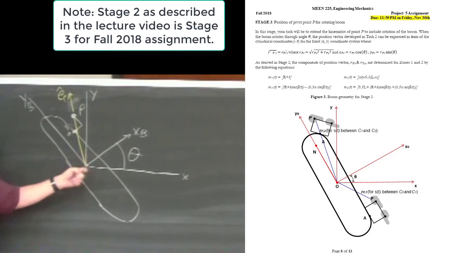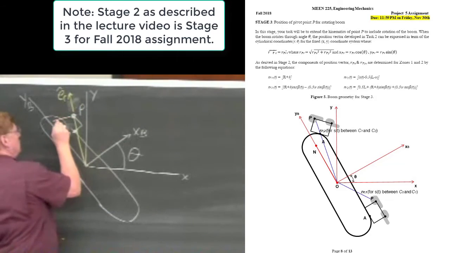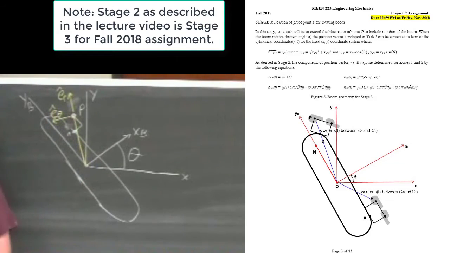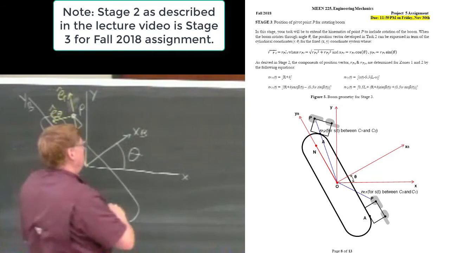The radial direction, which of course means there's also a theta direction. Okay?